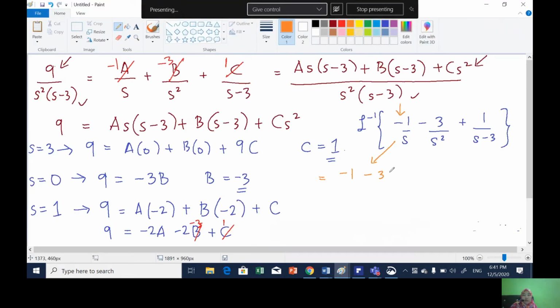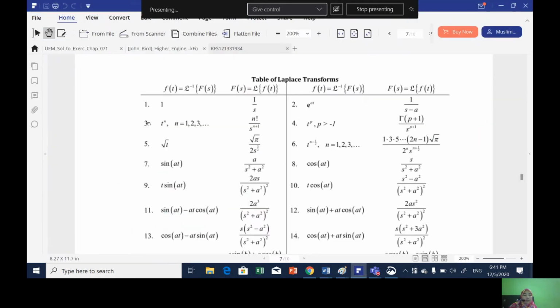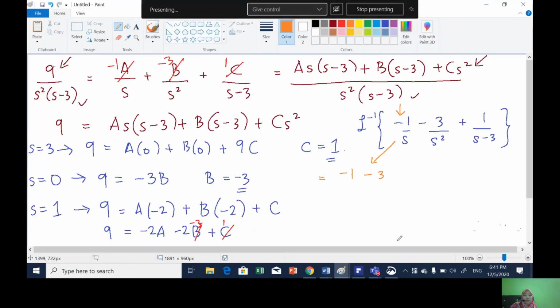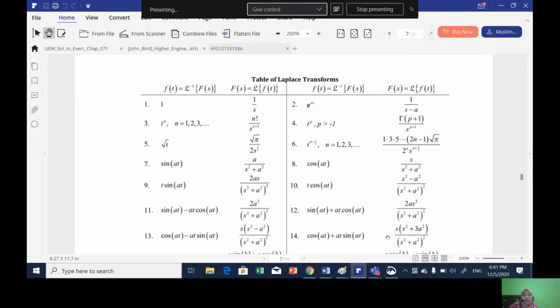So you can take out negative 3, so the remaining part will be 1 over s squared. When we refer to the Laplace table, number 2, we have t to the power n. So we have t to the power 1. If you didn't write 1 also no problem, I just want to show you. The third part here, 1 over s minus 3, goes to number 2.